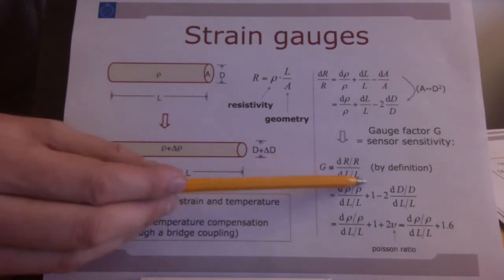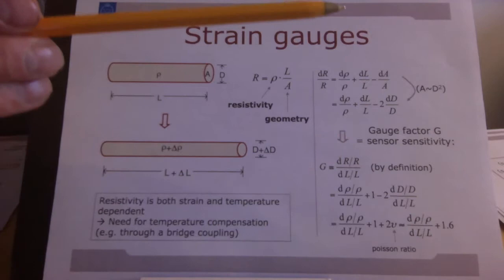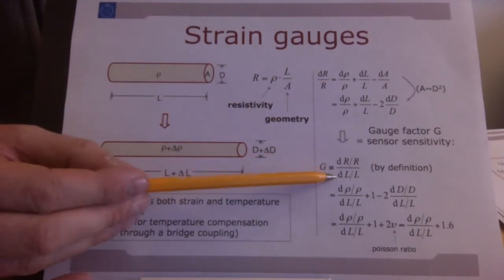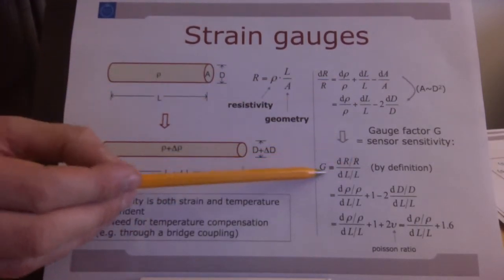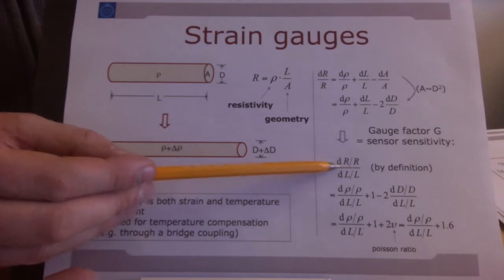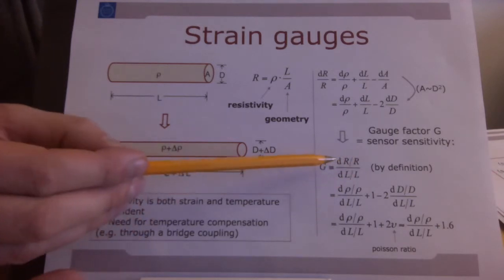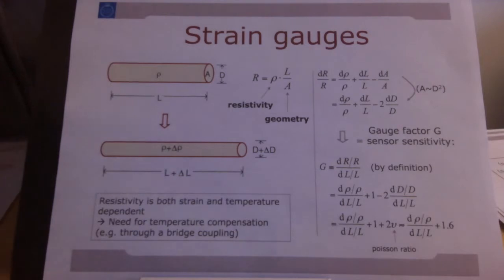So that's the relative change in length. So that is the relative resistance change divided by the strain, and that is the sensitivity. And this factor here is called the gauge factor, G, and by definition it looks like that.